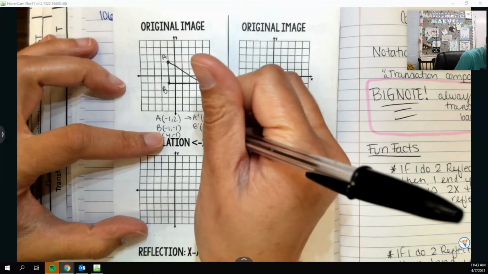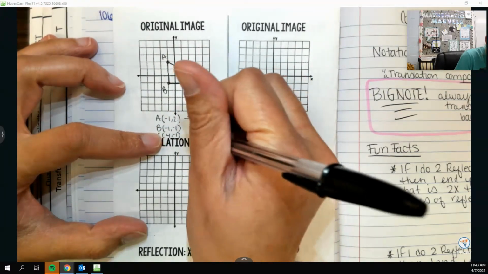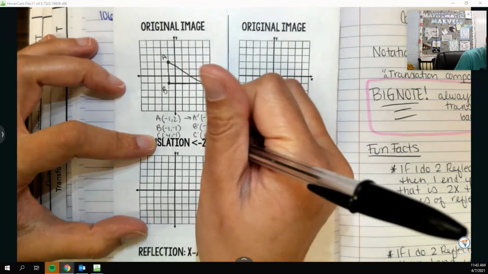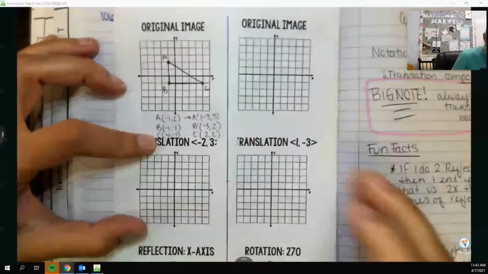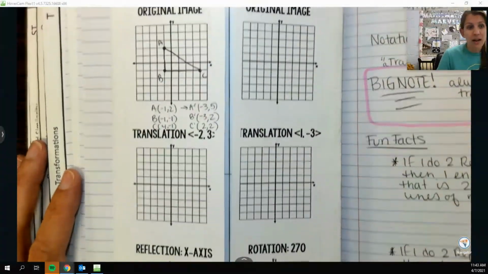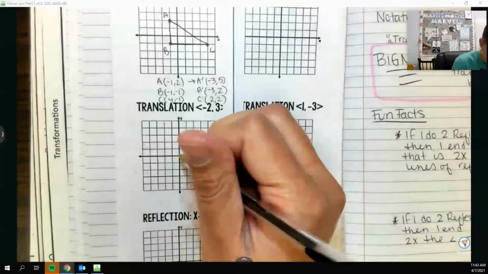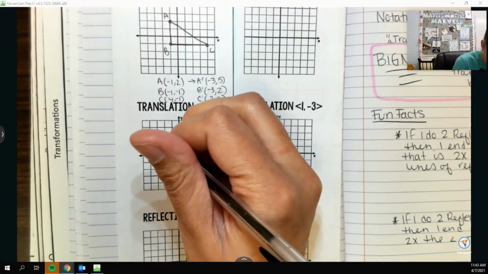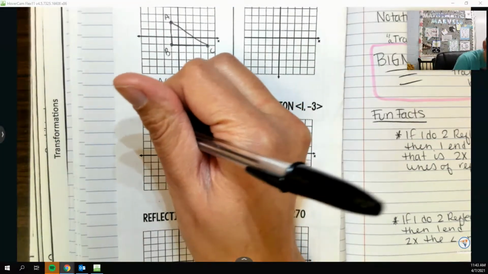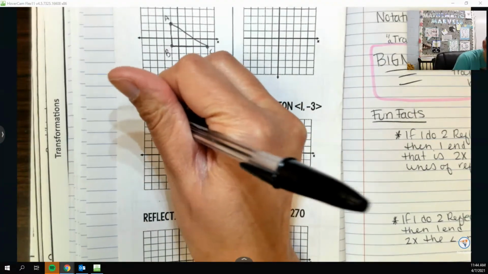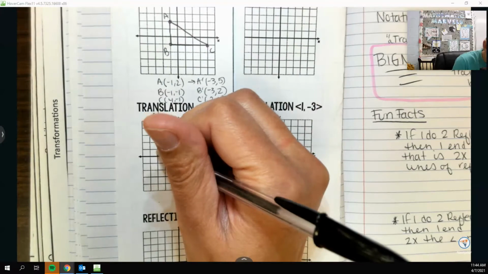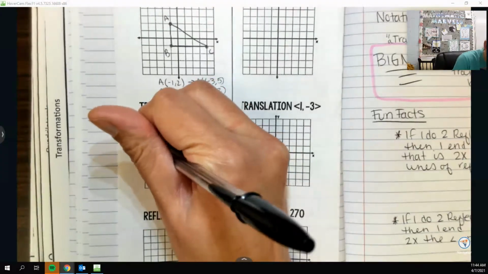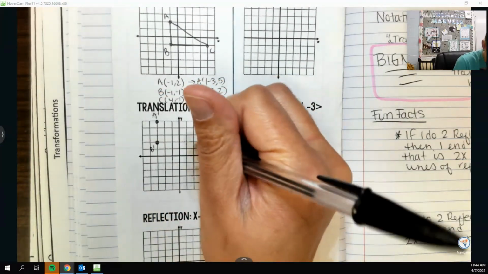B prime will be at -3, 2. And C prime will be at 2, 2. And so then I could go graph all of those. So -3, 5, 1, 2, 3, 4, 5. -3, 2. And then 2, 2.